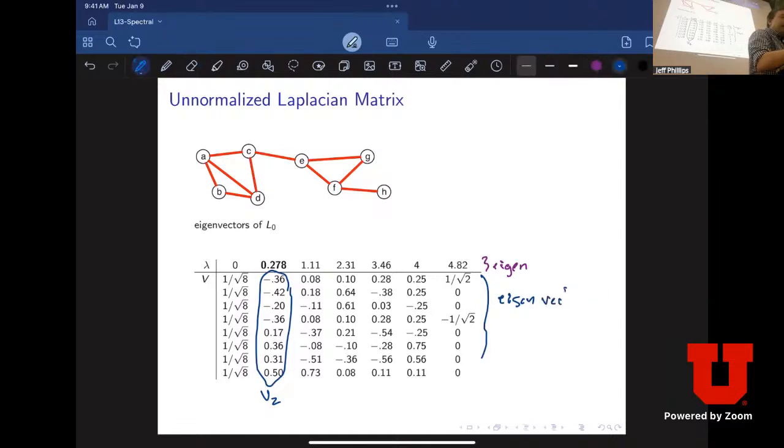These are the eigenvectors, and the values on top are the eigenvalues. So this would be lambda 2. I made lambda 2 bold there. It's important. Somehow this is going to give us information about how to determine a good cut on the graph.